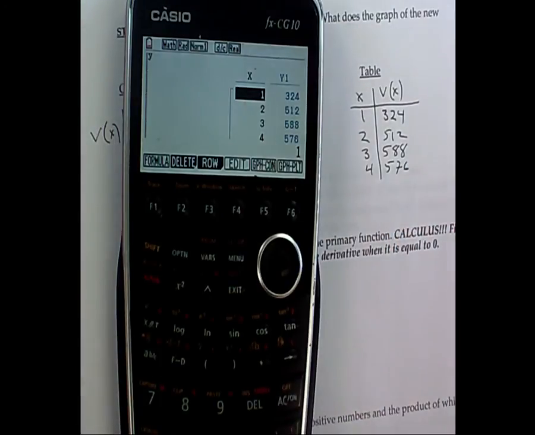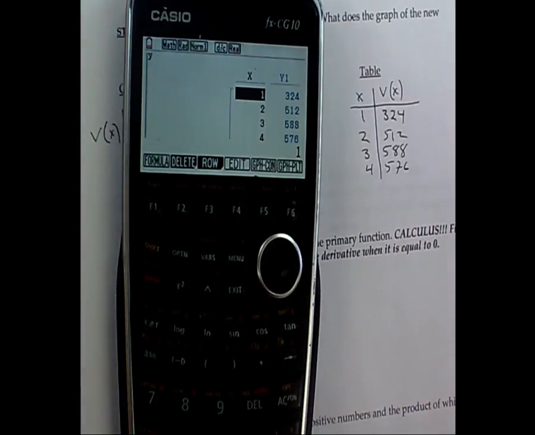Okay, do I need to look at 5, 6, 7, 8, 9, 10? No. Why? Because it's going back down. Would everybody agree with that? So I'm pretty close to 3, it looks like, right? Looks like my maximum is close to 588, correct?